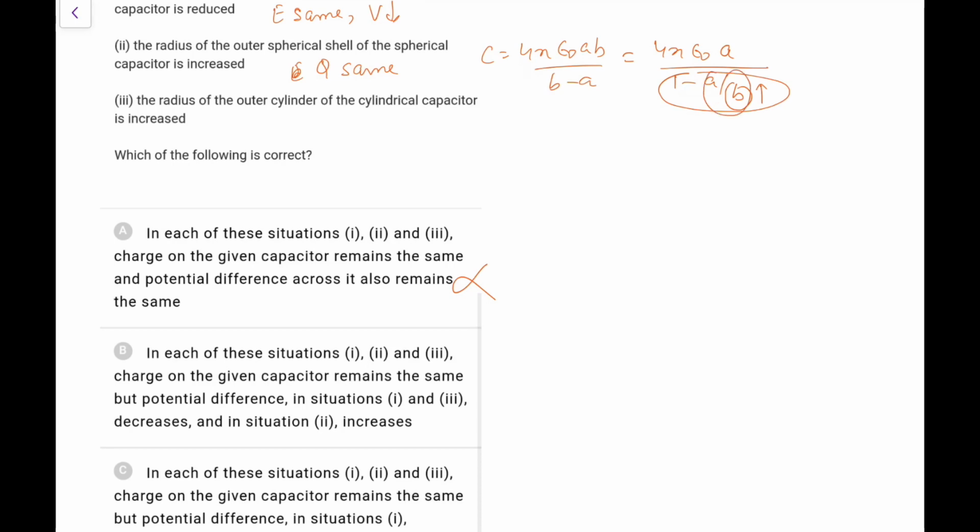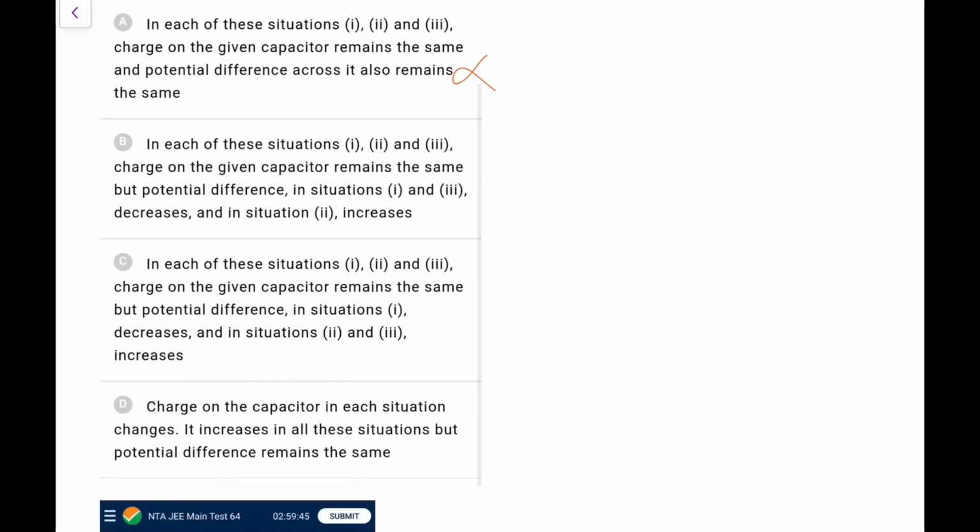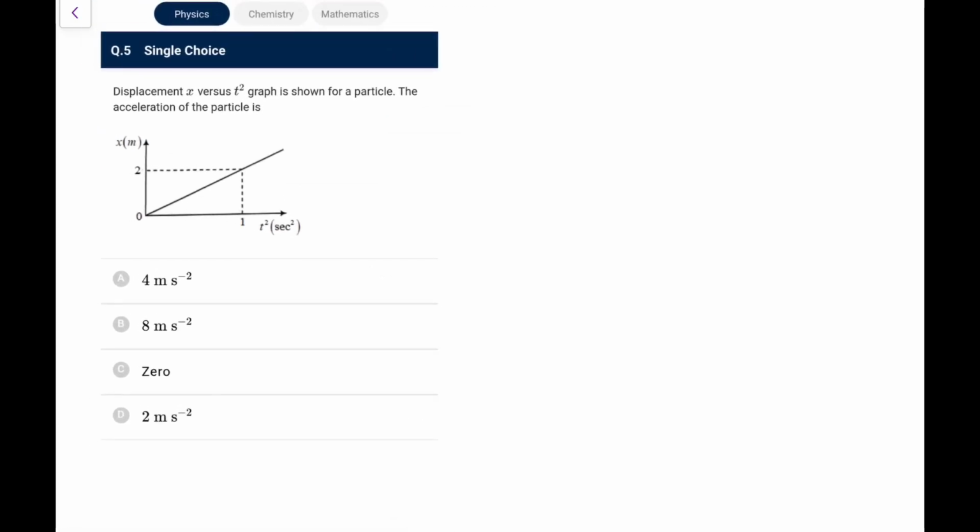So overall the denominator term increases, so capacitance decreases. Capacitance is decreasing, charge is the same, so potential will increase, so it will be false. In each of the situations, charge remains the same, but potential difference in situation 1 decreases and in 2 and 3 increases. And the fourth one, that it increases in all, is wrong. So only option C I can go for. You can check the cylindrical one also from the theory. I am not checking because I can make out the option.